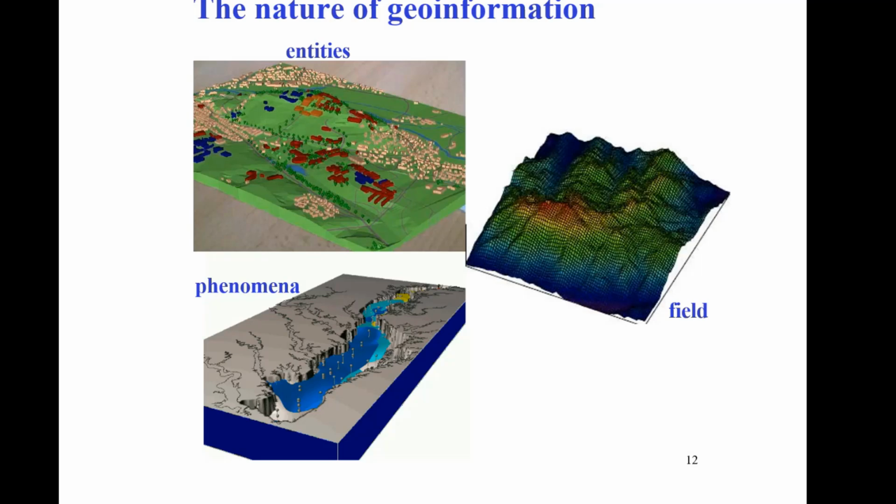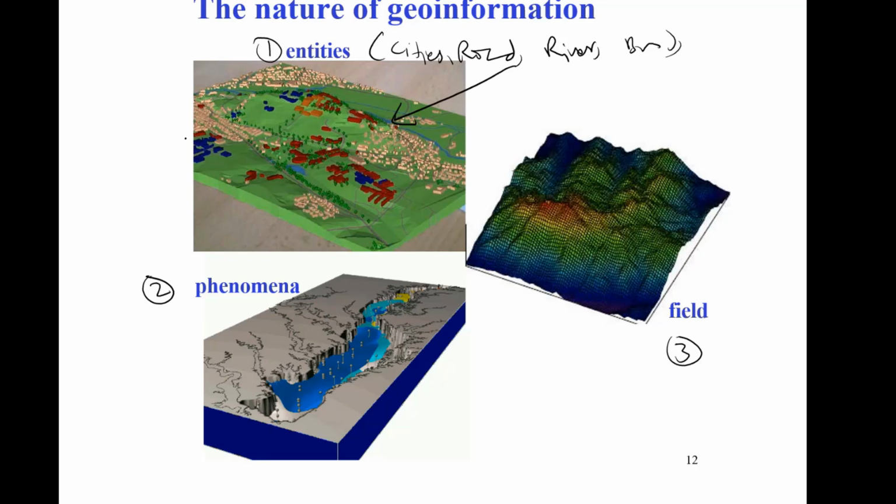Now we are coming toward more realistic information about how it looks. There are three different types of nature of geo information: first is entity, then phenomena, and then field. What is an entity? An entity is basically a set of spatially discrete objects. Objects mean cities, roads, rivers, bridges, etc., as you can see here.